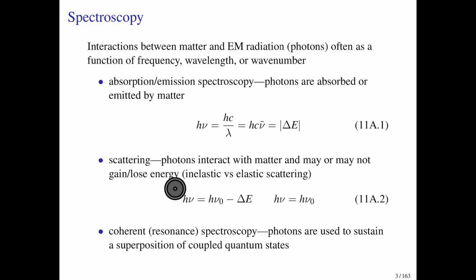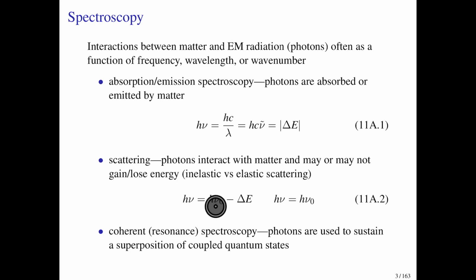On the other hand, you can have inelastic scattering, where there's a shift between the photon's incident energy and then the outgoing photon's energy that it has left. And so the photon isn't completely destroyed, but some of its energy may be consumed, or it may actually pick up some additional energy from the material system.